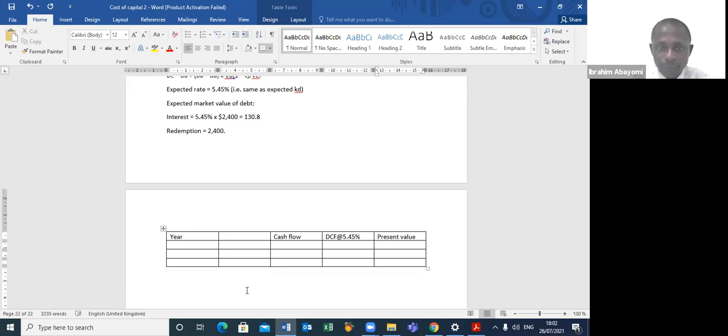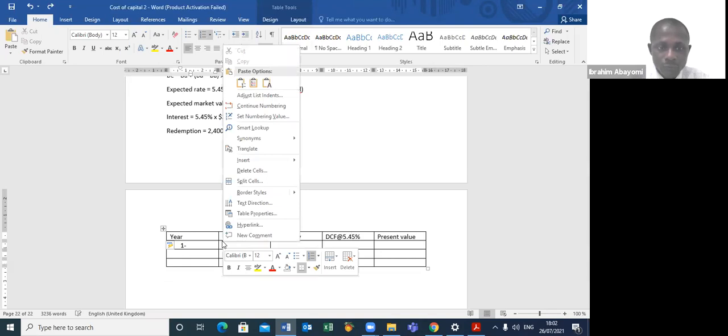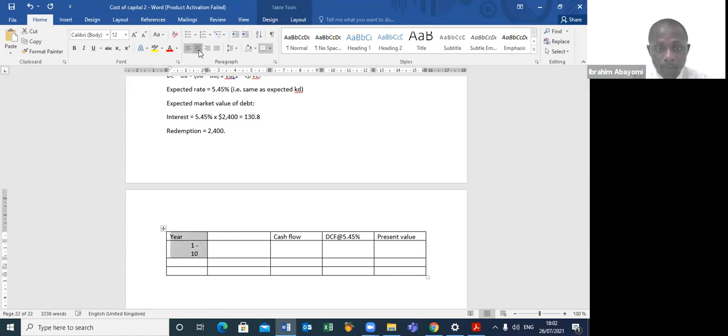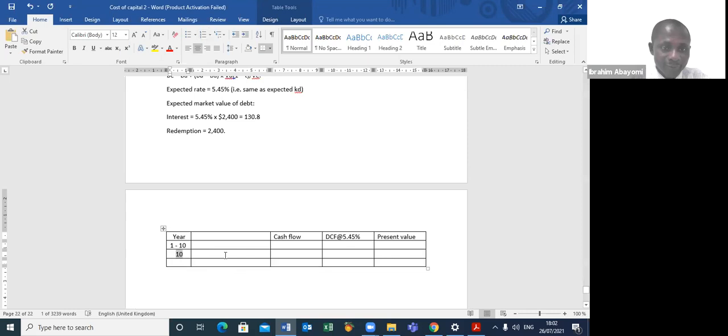Now, the first is year 1 to 10, and we have year 10.